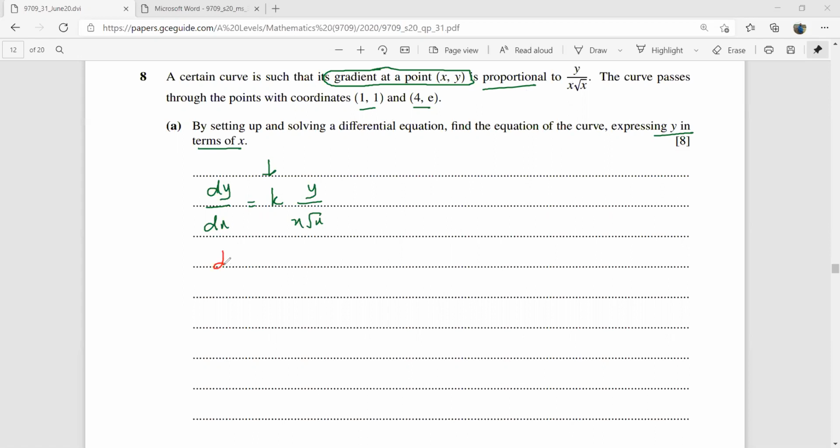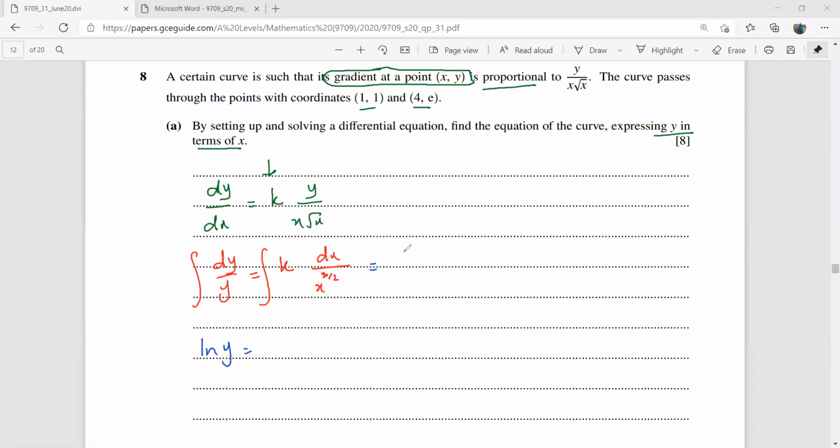So this is going to be dy over y equal to k dx over, let me multiply them and write it as x to the power 1.5 or 3 by 2. Then you put the integration sign here. You know that the integral of 1 over y is ln y.